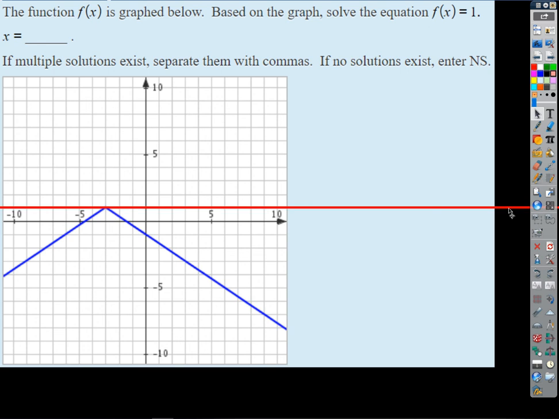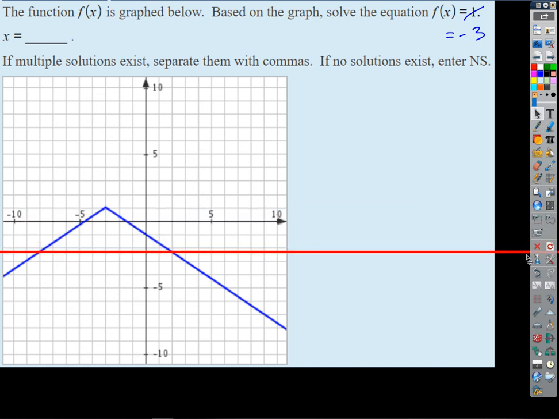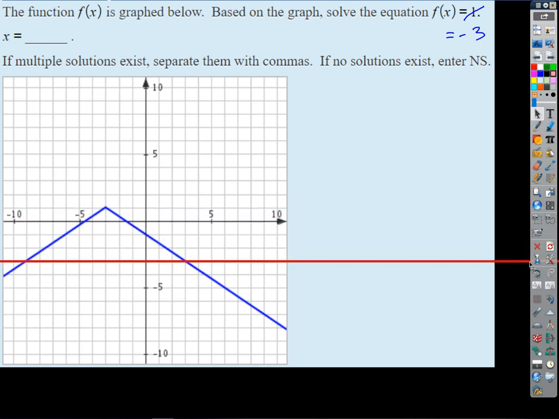What if instead we change this to f of x equals -3? So now what are the solutions? There would be my points of intersection, right there, and right there.